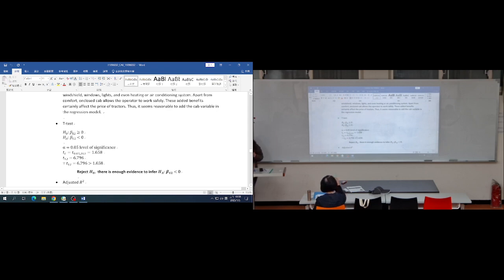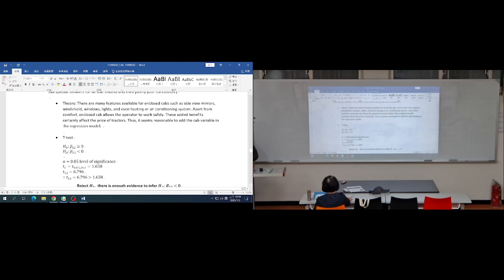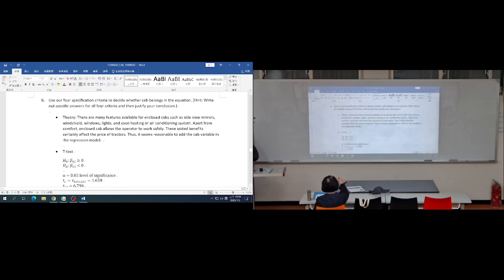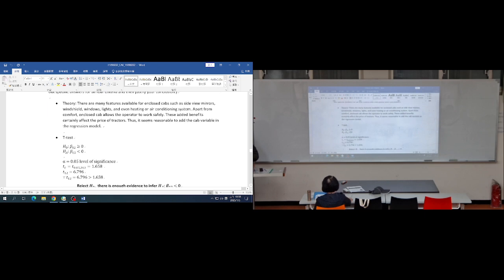Are you checking with the alternative hypothesis less than 0? Is that a negative sign? Where? What do you mean? This is for cab, right? The expected sign is positive, so we're looking at the right-hand side.